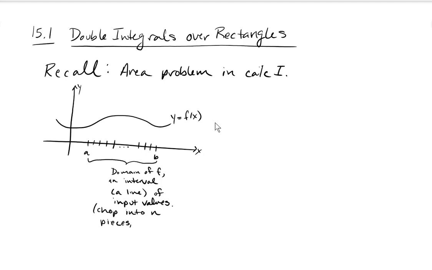Typically we took equal size little pieces, and we'd call the size of each one delta x.